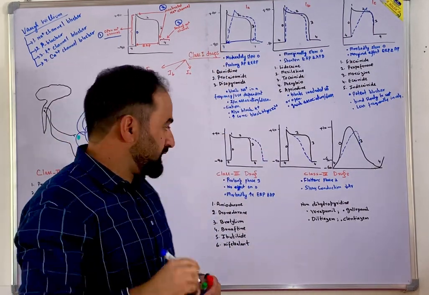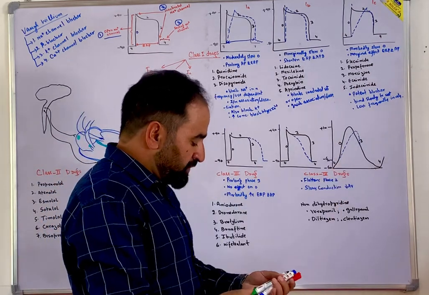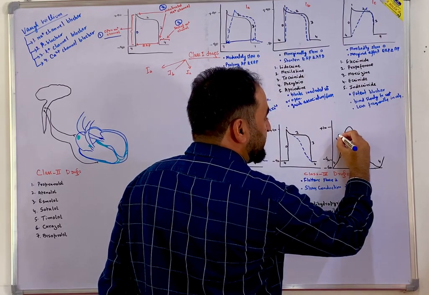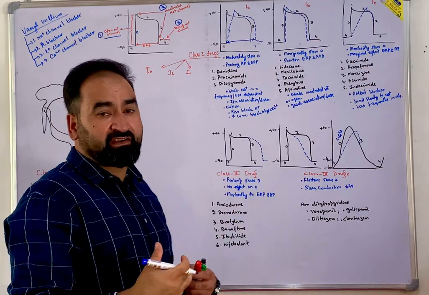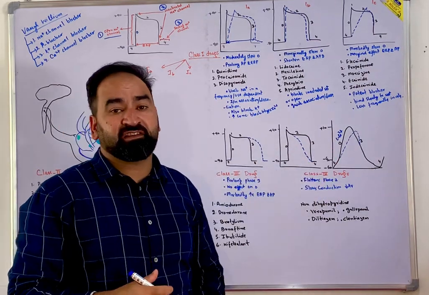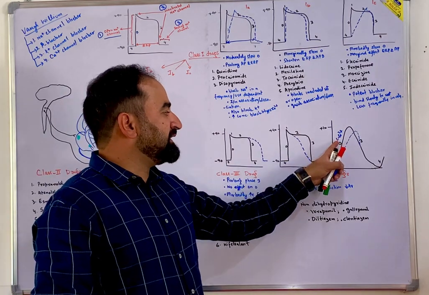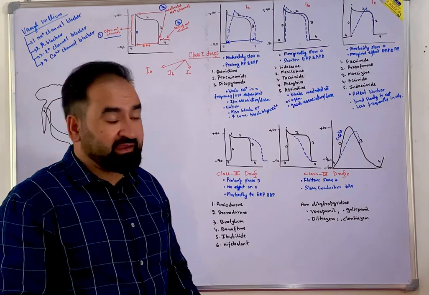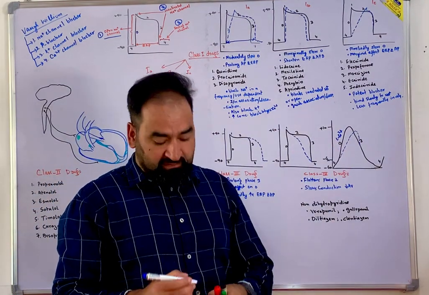See, this zero phase is because of L-type calcium channels. So if you are giving a high concentration of these class 1A drugs, it is going to bind with the L-type calcium channel also, decreasing the slope in the conducting cells also.